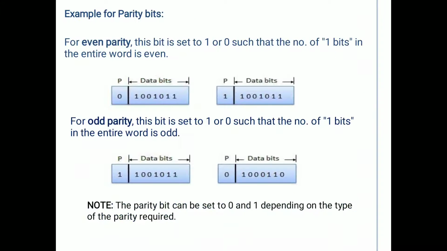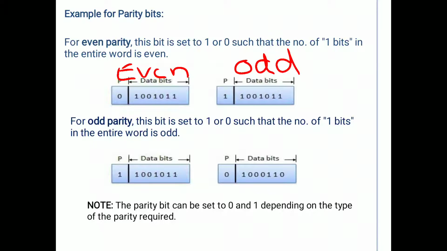So we'll see some examples. For even parity, this bit is set to 1 or 0 such that the number of 1 bits in the entire word is even. See, this is the example for even parity and this is the example for odd parity.